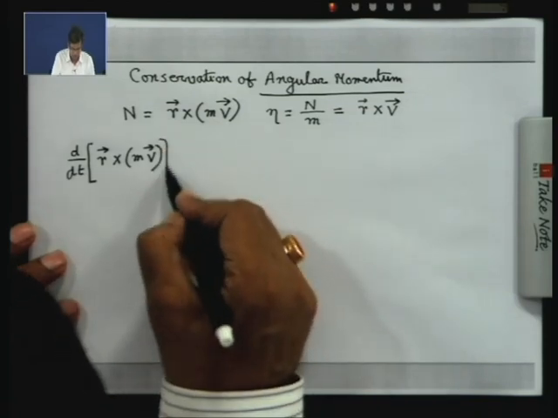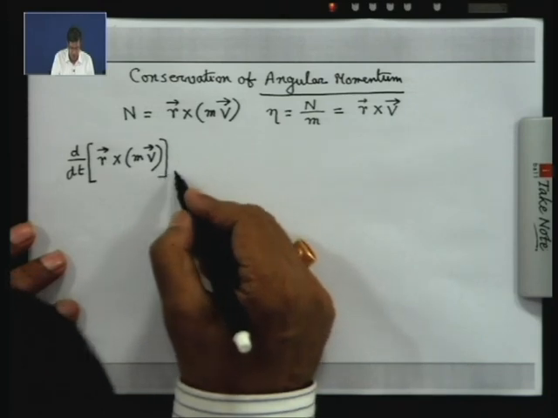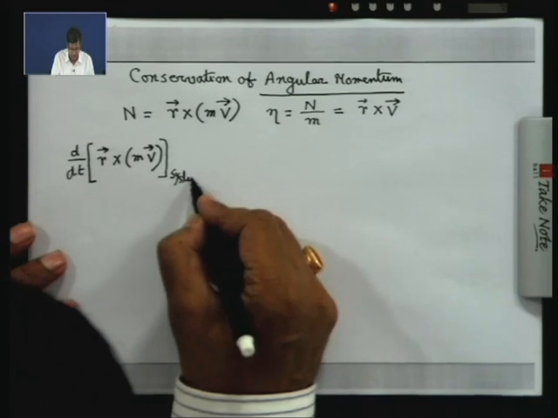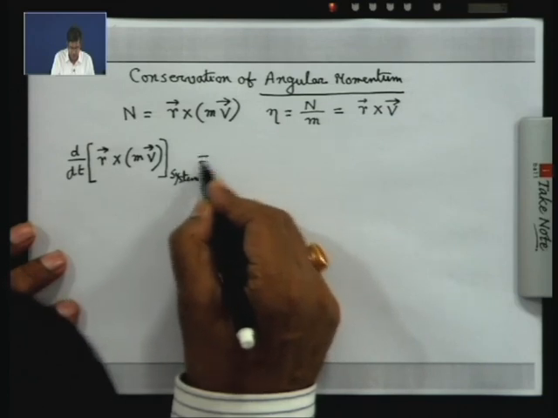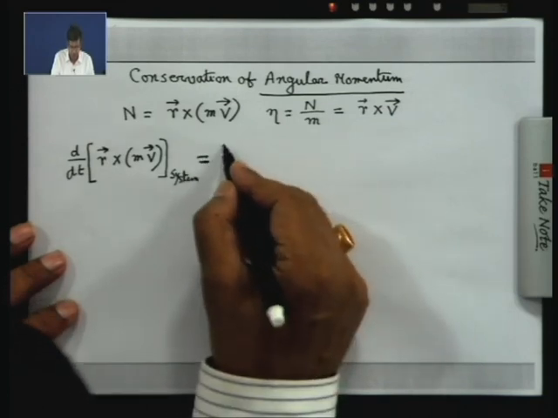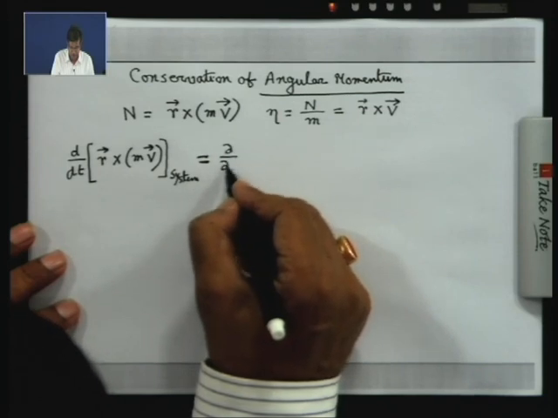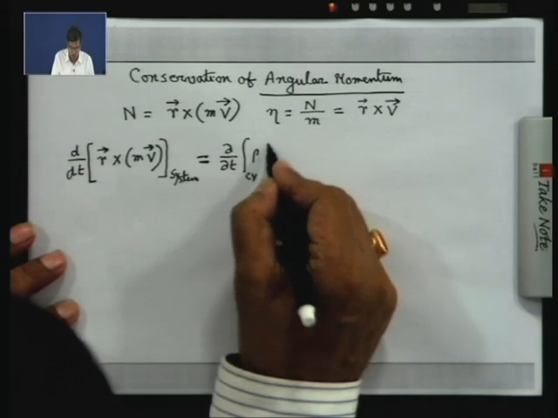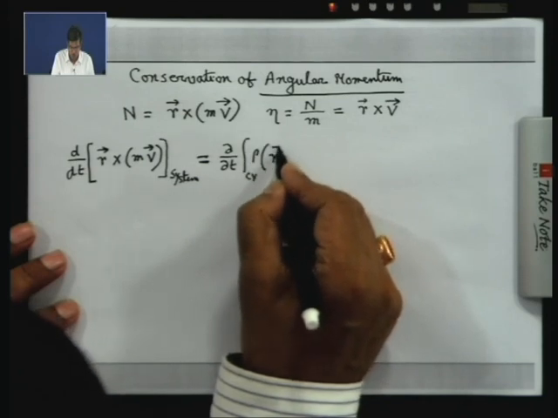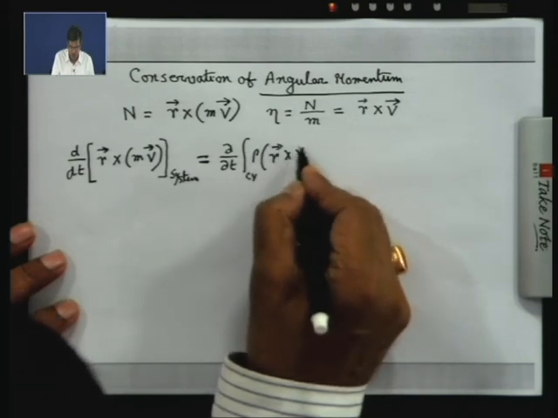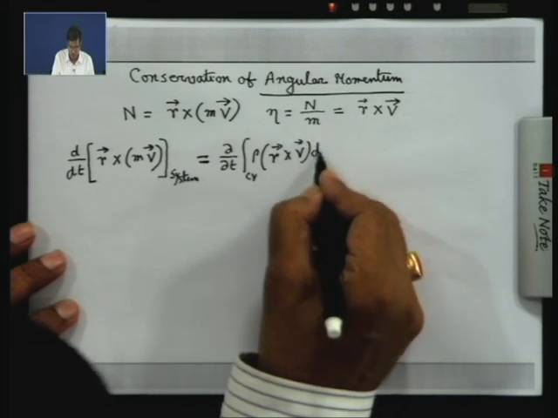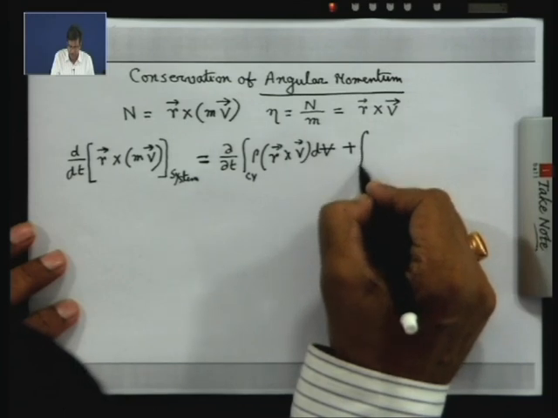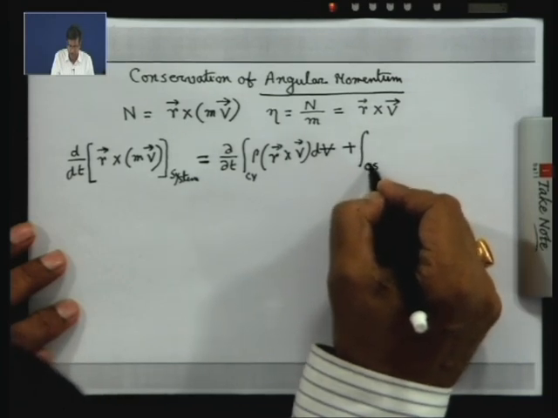Now, the way we did for linear momentum, this for the system equals, by our Reynolds transport theorem, the rate of change of angular momentum within the control volume, that is the integral of rho into the per unit mass angular momentum, r cross v dV, plus the net rate of efflux of the angular momentum from the control surface CS.